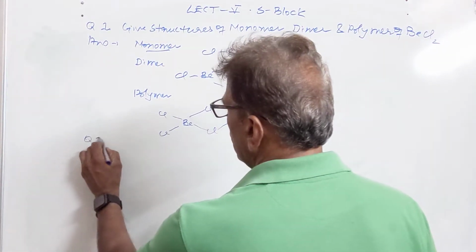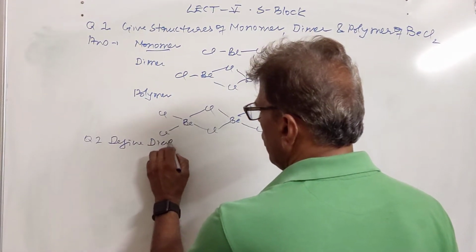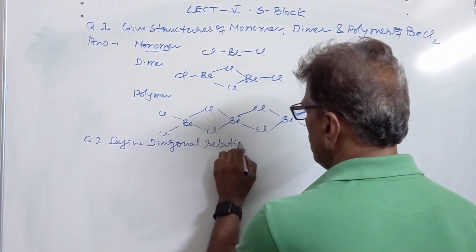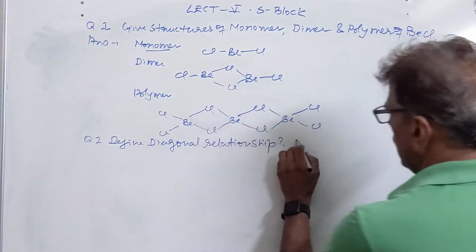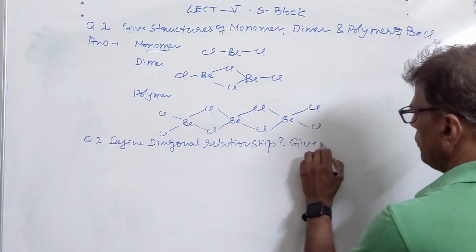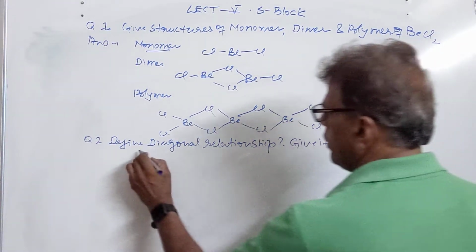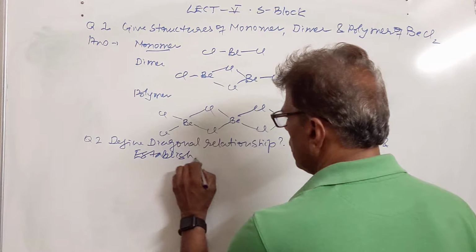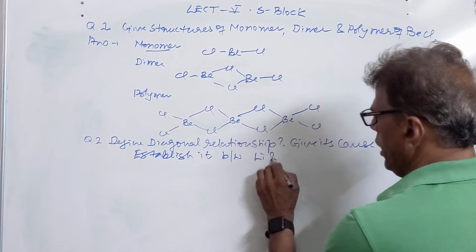Then we have question number 2: define diagonal relationship, give its cause and establish it between lithium and magnesium.